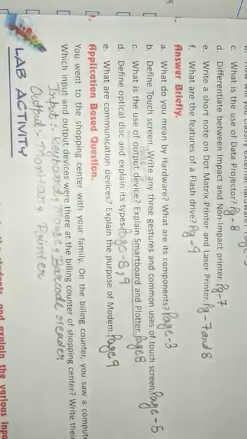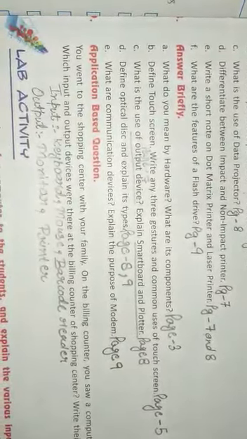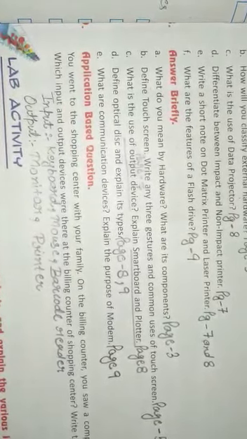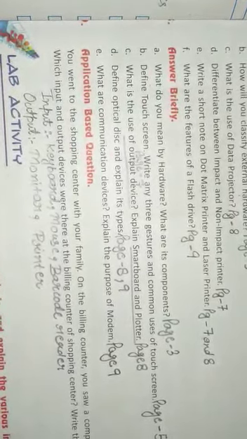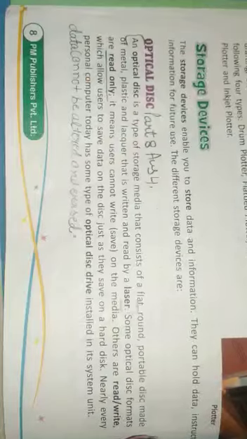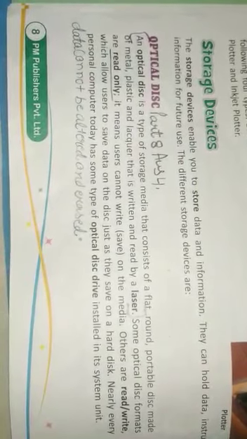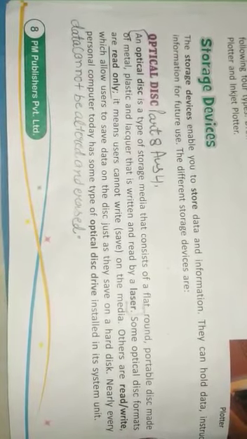Now fourth long question, and the question is, define optical disc and explain its types. The answer is given on page number 8 and 9. First, you have to make the heading as optical disc and explain it.